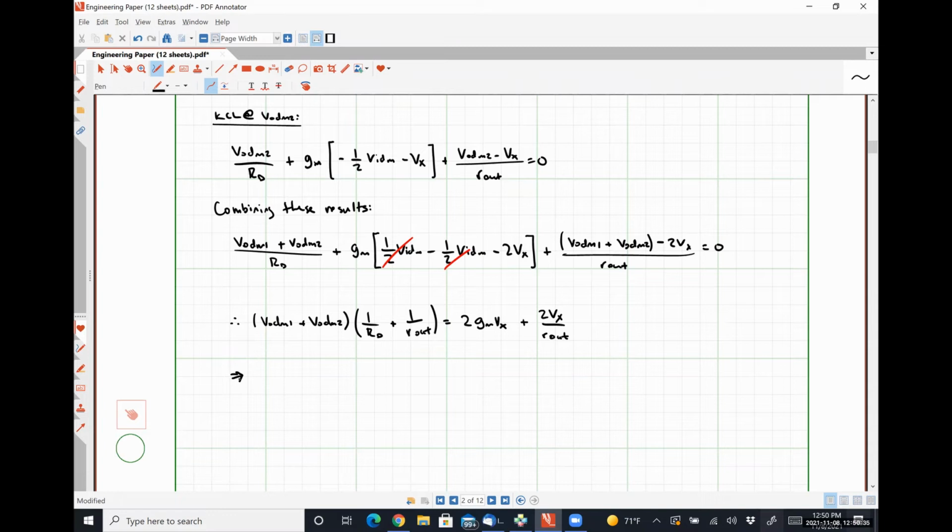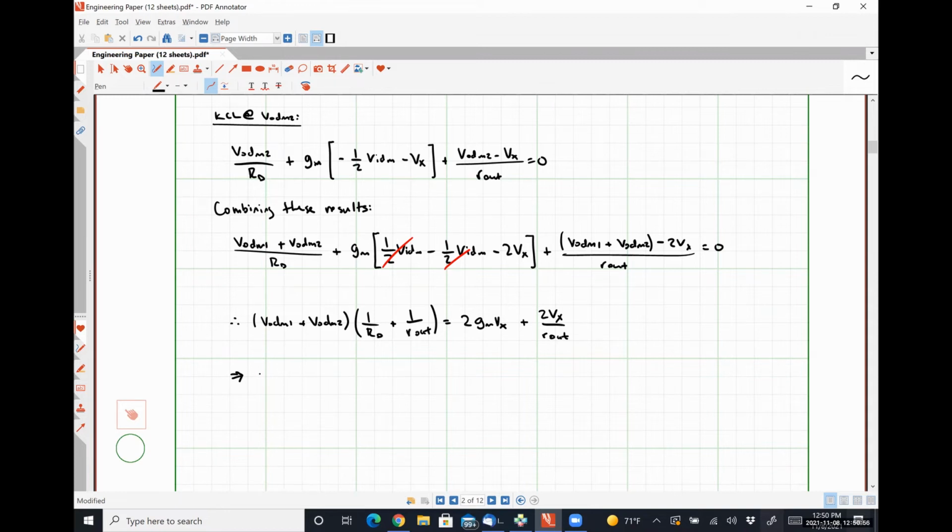And finally, if I divide through by that 1 over RD plus 1 over R out, that's the same as multiplying the right-hand side by those two resistances in parallel. Everybody okay with that?